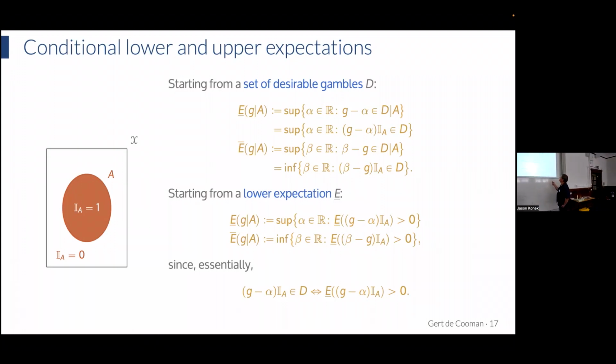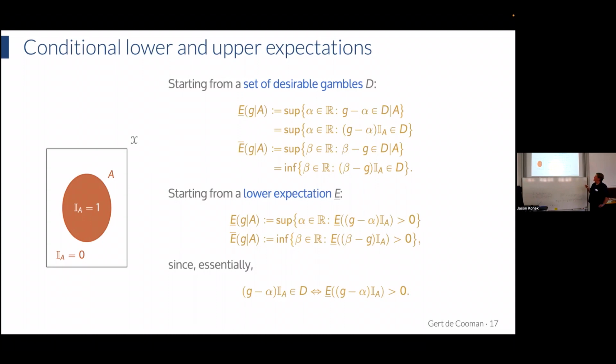I replace my D in the expression for a lower expectation by D given A. That's it. And also, for the upper expectation, I replace the D in my formula for the supremum, sorry, this must be infimum. That's a mistake here. So this must be the infimum selling price based on this one.